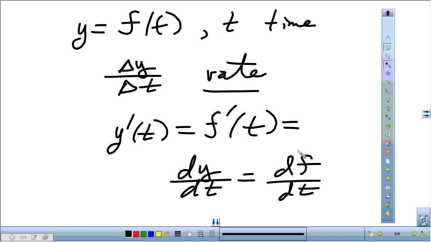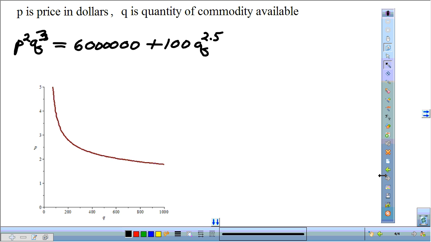Now, we're looking at related rates. So let's look at this setting. We have a price, P in dollars. We have commodity available. So there's a certain amount of quantity units of something available, such as we might think of barrels of oil, something such as that.